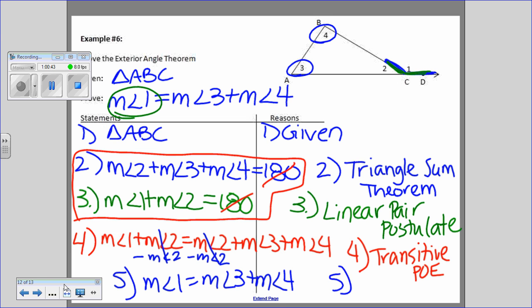And what's my reasoning, Notion? Subtraction property of equality. Did I use a congruency symbol?